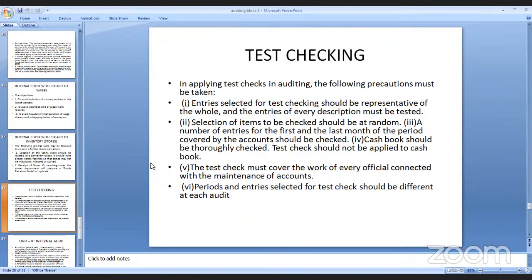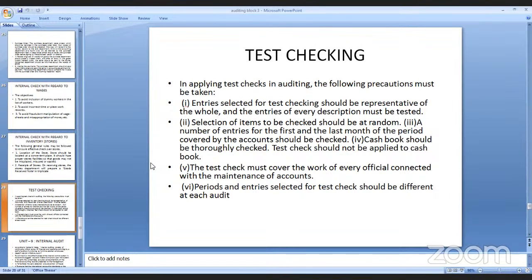Next, selection of items to be checked. See, generally in the audit techniques, randomly the auditor will pick the transactions. Then that is known as test checking. In the techniques of auditing, this is one of the types. So cash book check will be done, and last month transactions details will be checked.